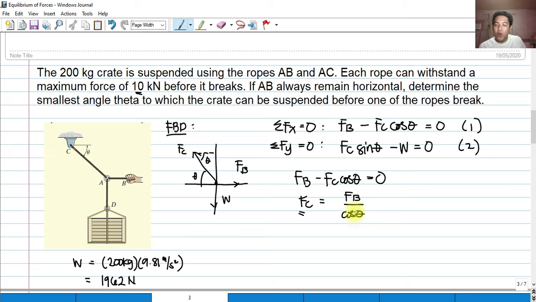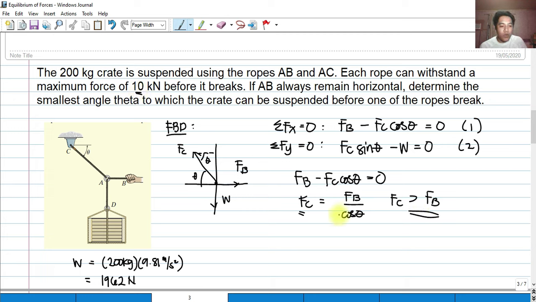If we divide by a number less than 1, let's say 1 divided by 0.5, it will be 2. In other words, F sub C is always greater than F sub B. So we can assume that F sub C will reach the maximum force of 10 kilonewtons before F sub B.